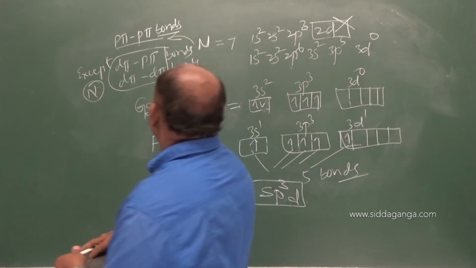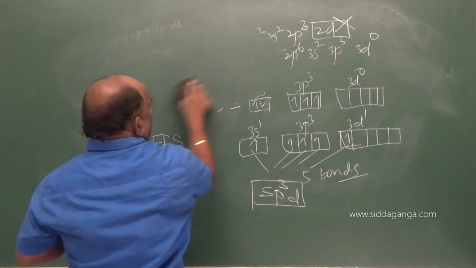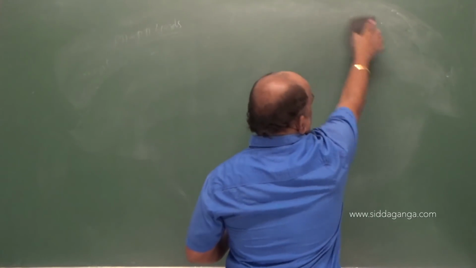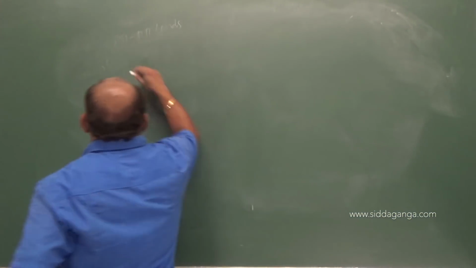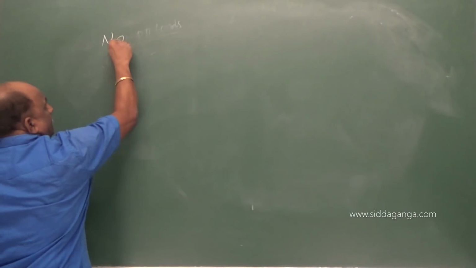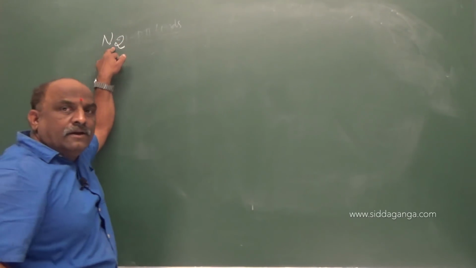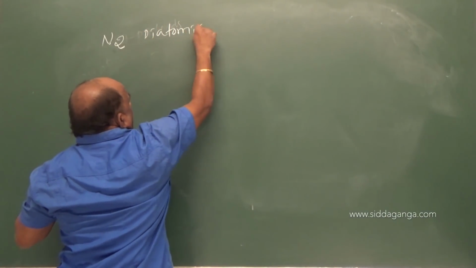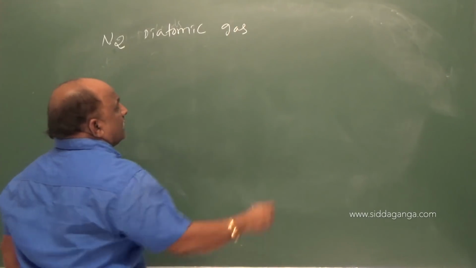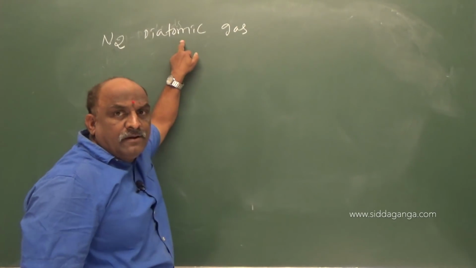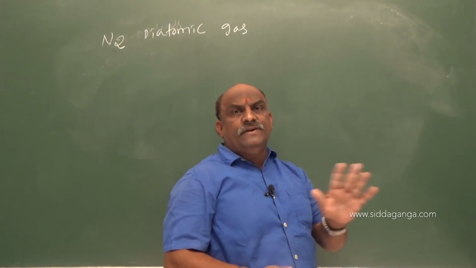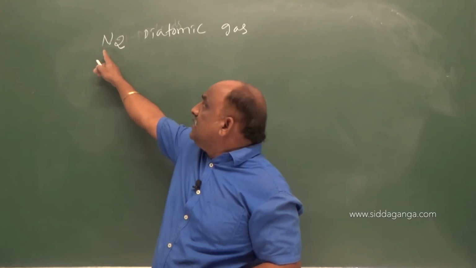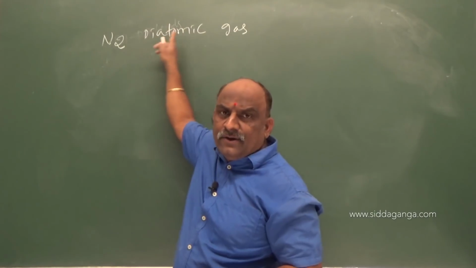Remember, students, nitrogen is diatomic and a gas at room temperature. Nitrogen is the only gas in 15th A group elements. Nitrogen is the only diatomic in 15th A group elements.